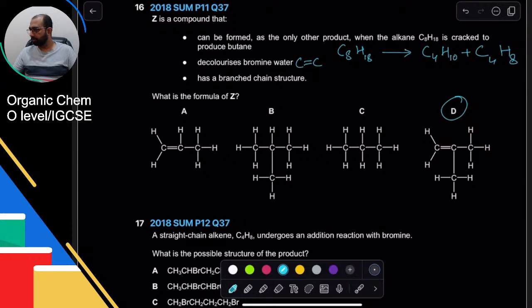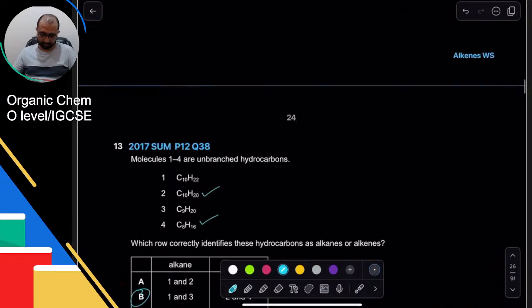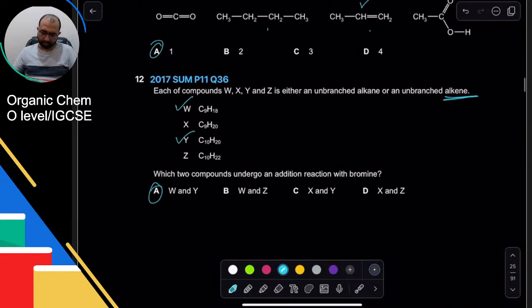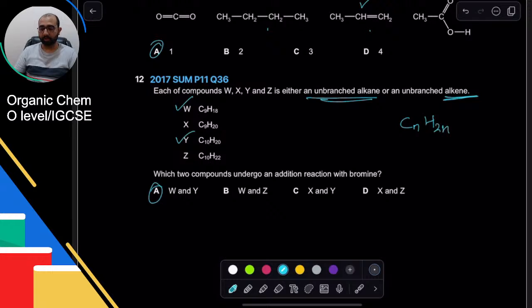I will go back to question number 12 just to explain it again. Sure. They're saying each of the compounds W, X, Y and Z is either an unbranched alkane, an alkane that has no branch, or an unbranched alkene, an alkene that has no branch. So straight chain, and alkene will show a double bond. Let's see which one is alkene. The one that has hydrogen double of carbon.